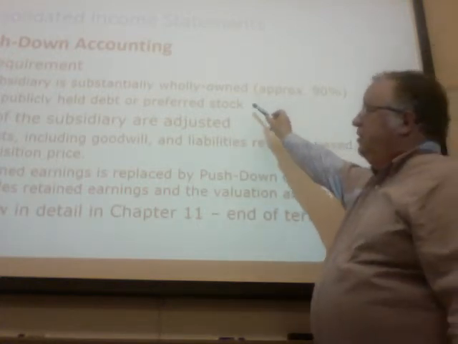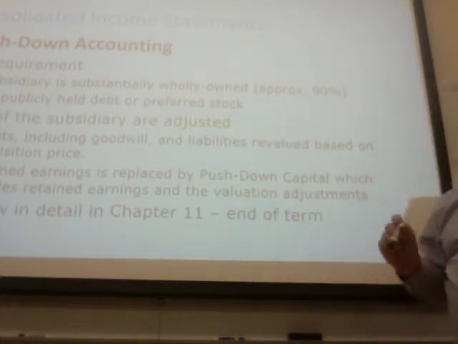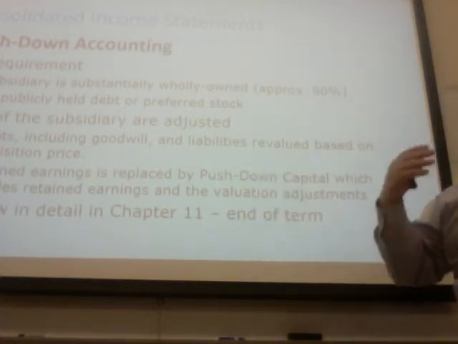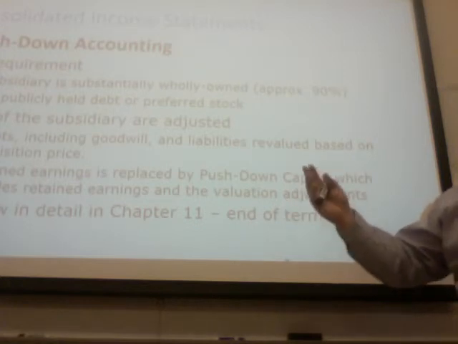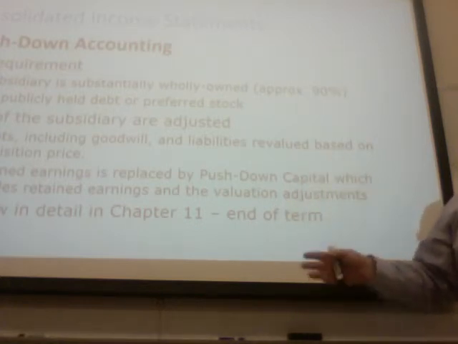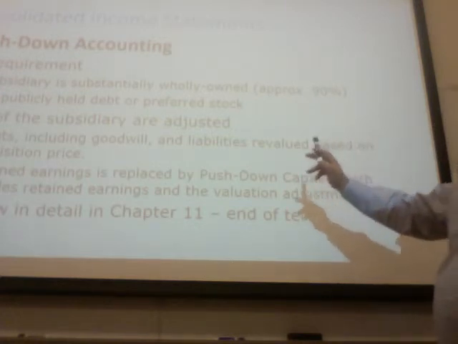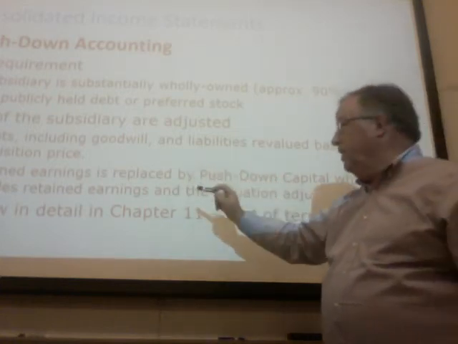There's no publicly held debt or preferred stock. There, the SEC says when you present the books of the subsidiary, push those adjustments, those consolidated adjustments down onto the books of the subsidiary. Mark up their inventory, mark up their fixed assets, or mark down their debt, whatever you're going to do. All those fair value adjustments are pushed down on the books of the subsidiary. So they're revalued based on the acquisition price.